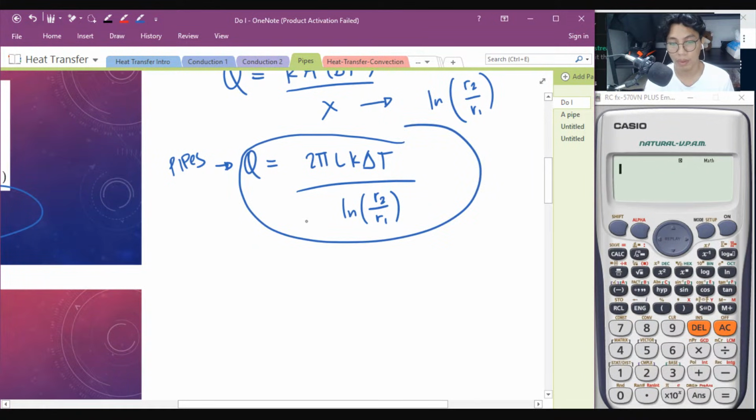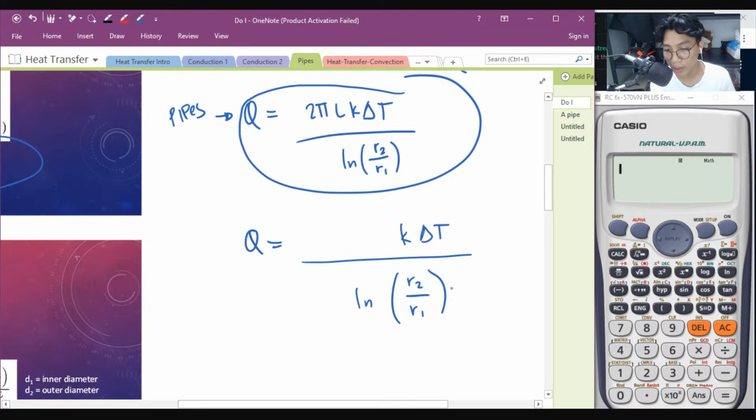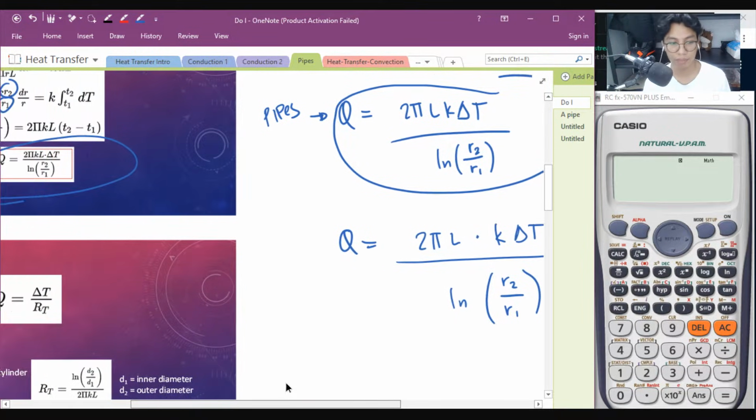Okay? To make matters very easy, okay, Q, kunin mo na kagad to, K delta T. Okay? Now, I have here yung baba, the natural logarithm of those greater and lesser radii, and will now arrive with the circumference, 2 pi L. Very basic lang po. Kung hindi mo kayang magkabisado.